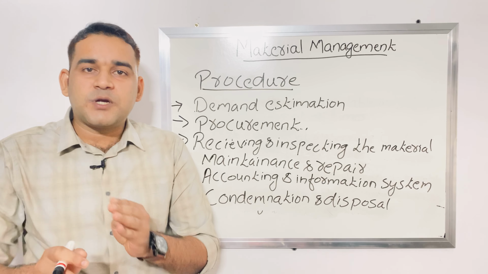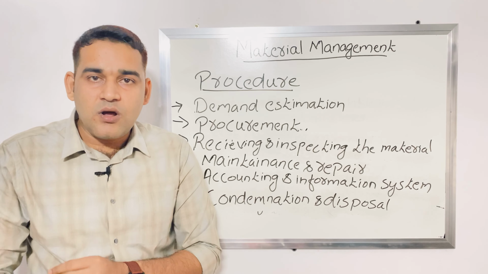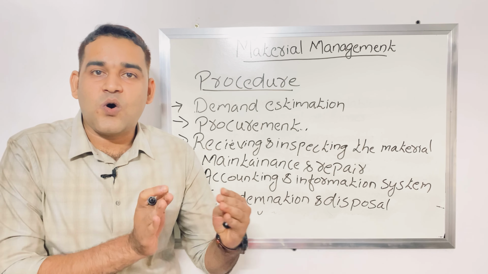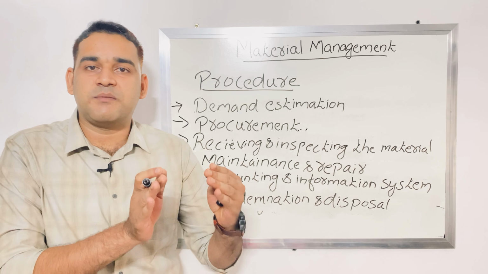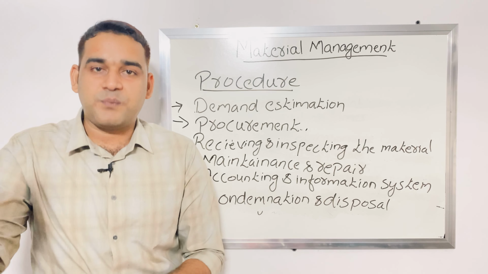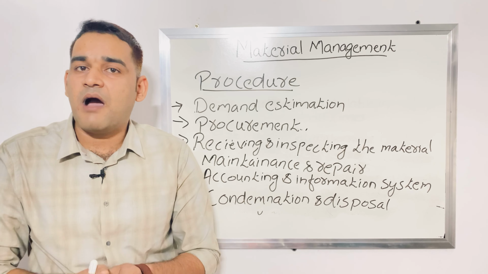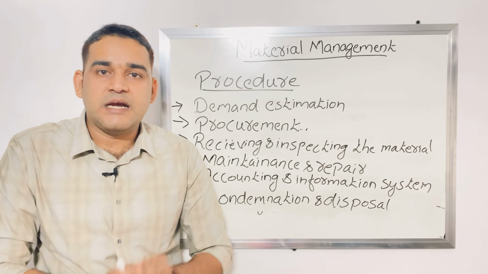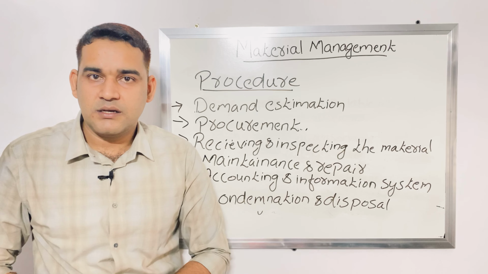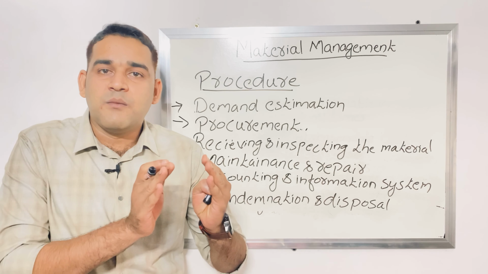You are trying to repair it, but the cost will be more compared to the cost of that material. Sometimes the cost of the material will be low and the amount to repair that material will be high. So what do we have to do? We have to dispose of those things properly. That is the last step of the procedure.